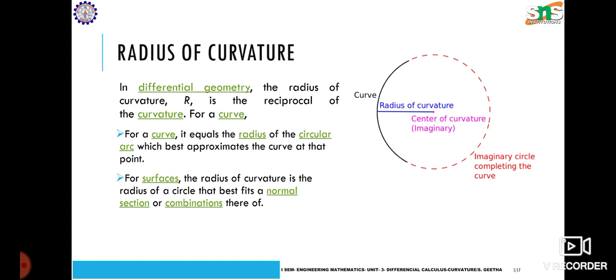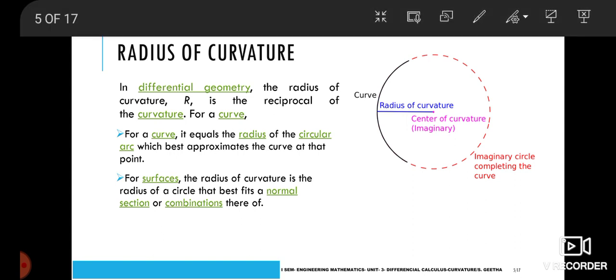For a curve, it is equal to the radius of the circular arc which best approximates the curve at the point. For a surface, the radius of curvature is the radius of a circle that best fits a normal section or combination thereof. So this is called the radius of curvature. This is called the curve.